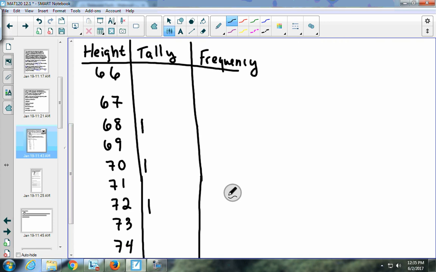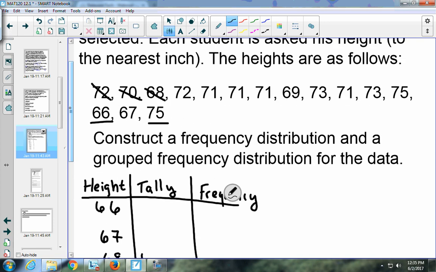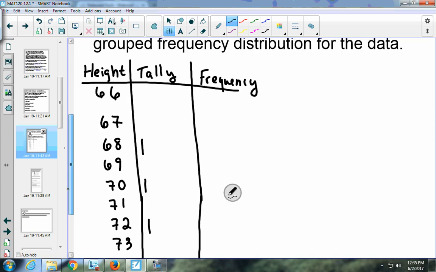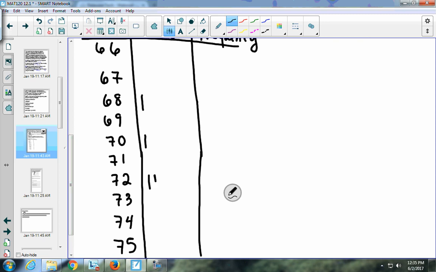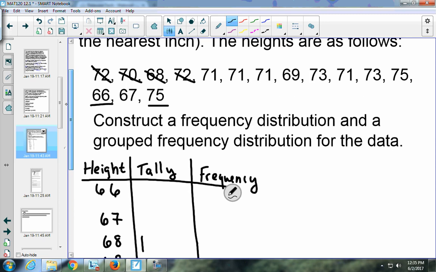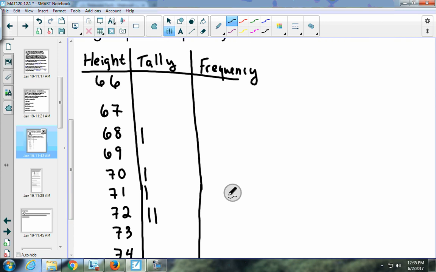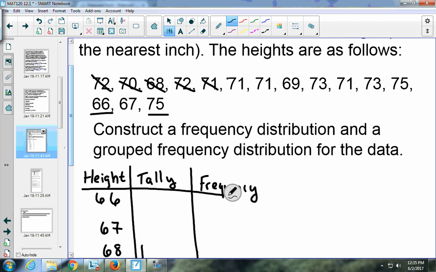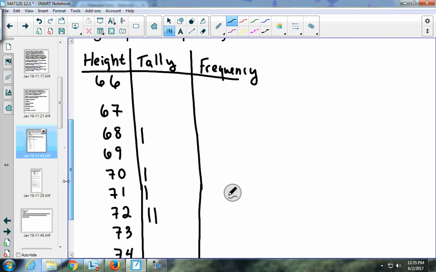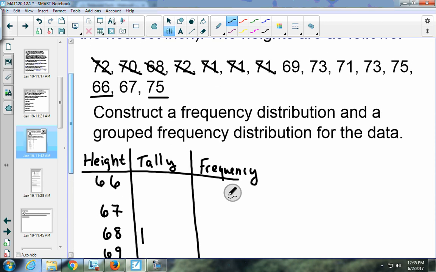That helps me in case I get interrupted or I lose my train of thought. I can see what numbers I've already placed without having to completely start over. So I have my first 71, my second 71, my third 71.